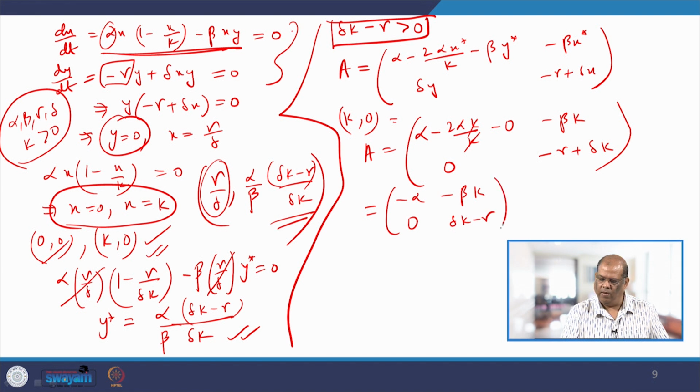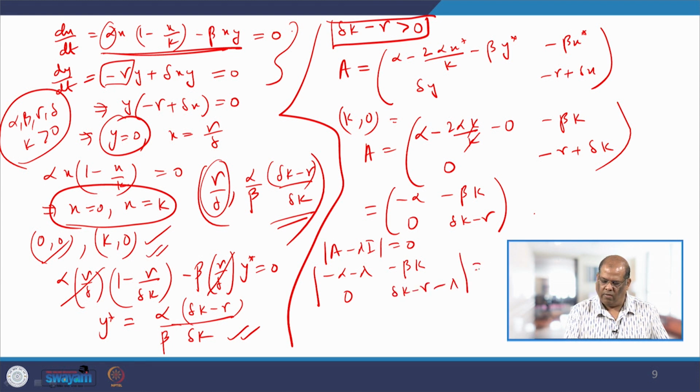If I want to find the eigenvalues, then the determinant of A minus lambda I equal to 0 gives me minus alpha minus lambda, minus beta k, 0, delta k minus gamma minus lambda, equal to 0. So, from here I get (lambda plus alpha) times (lambda minus (delta k minus gamma)) equal to 0.